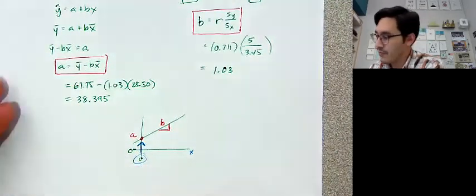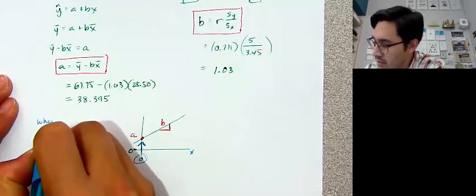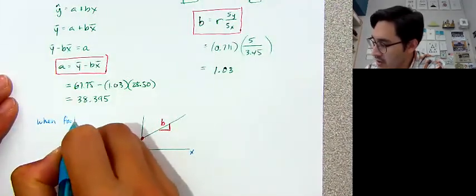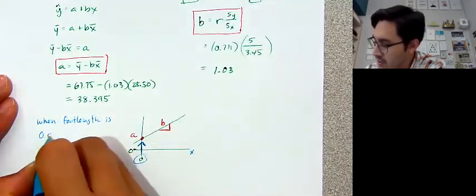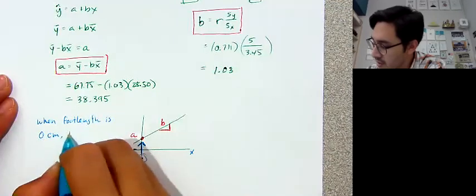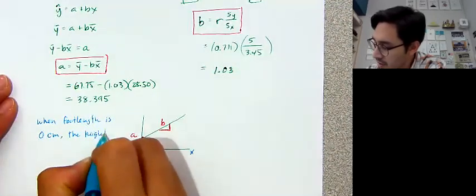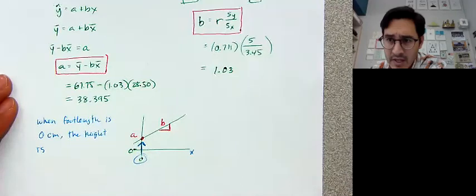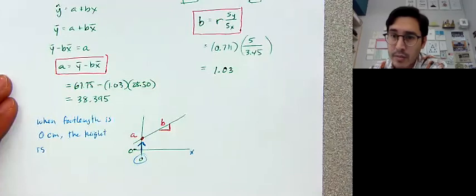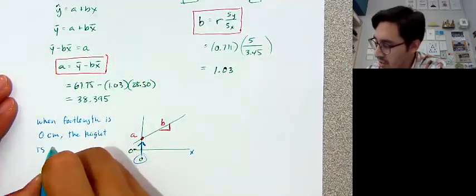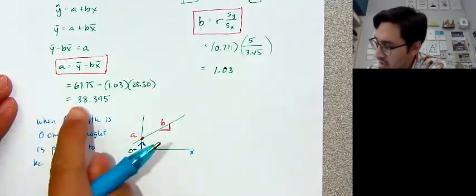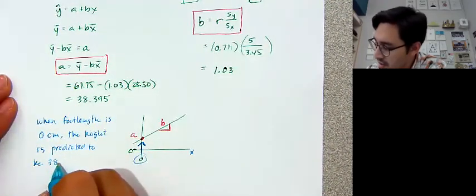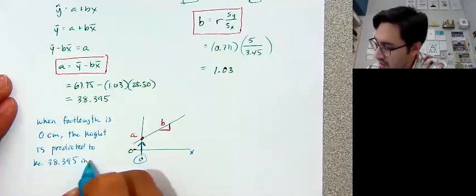All right, so when foot length is 0 centimeters, the height, and I don't remember if I said this the first time, so if I didn't, I'll correct myself now. It's not the actual height, it's the predicted height. Okay, so the height is predicted to be 38.395 inches.